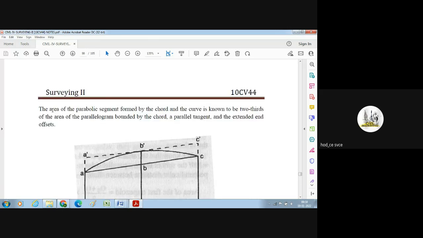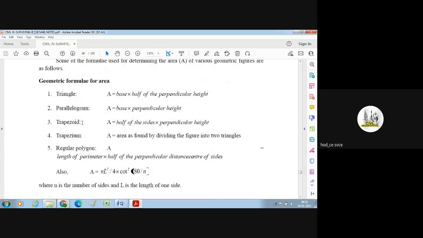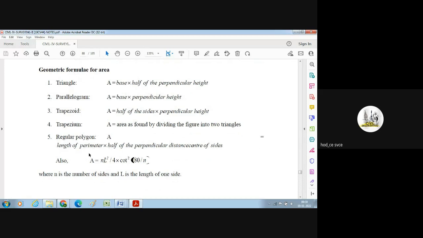Okay, so there is a second name here: trapezoid, trapezium, and regular polygons. So regular polygon itself, right? Length of the perimeter. Perimeter, as you know, is the length of the total outer side. Length of the perimeter multiplied with half of the perpendicular distance from the center to the sides. So I have given one of the formulas here, right? This is not a constant one.